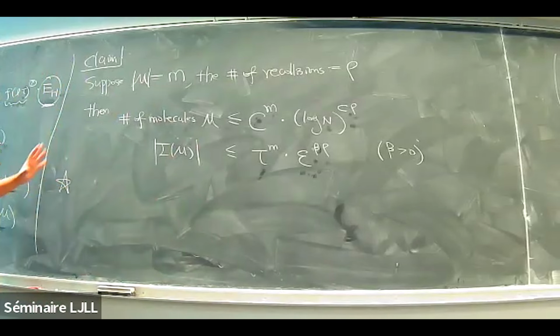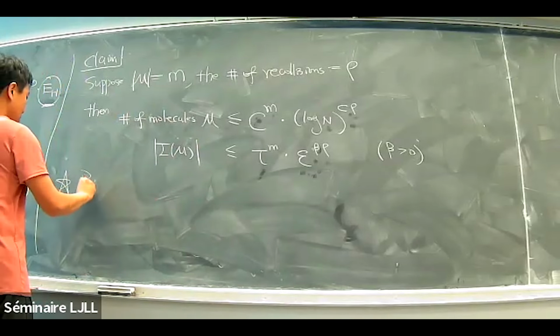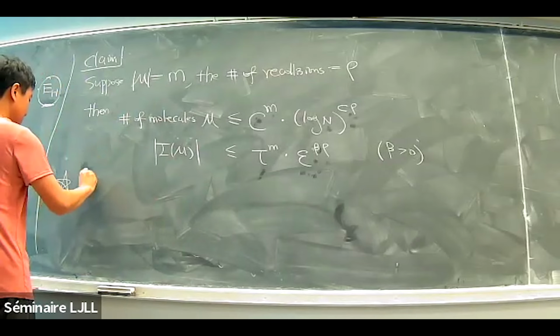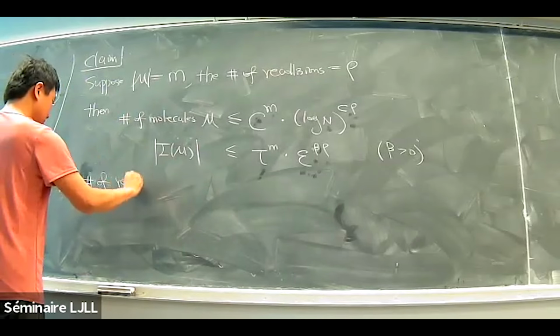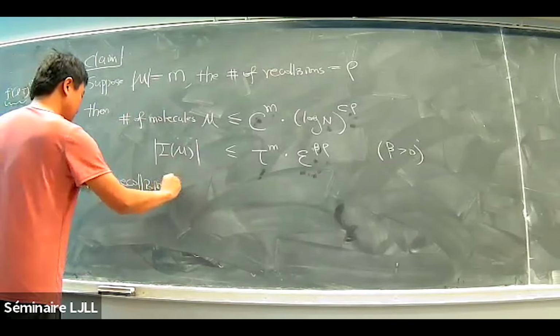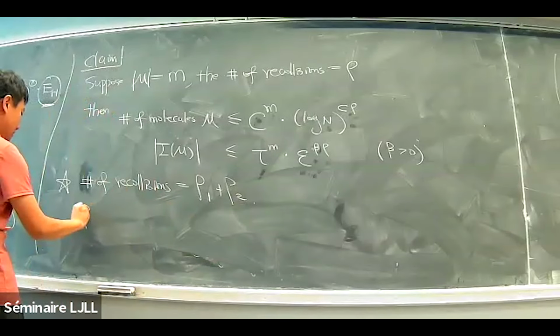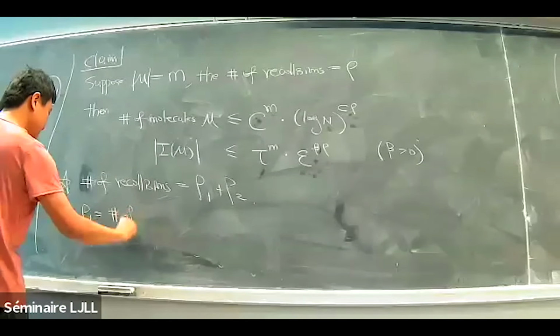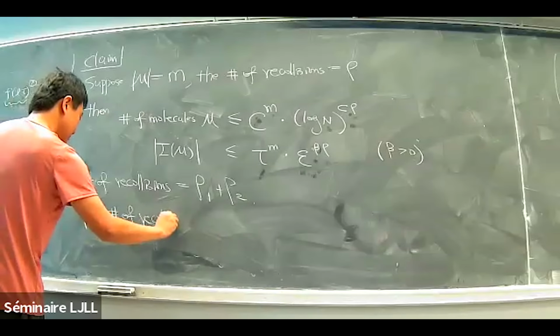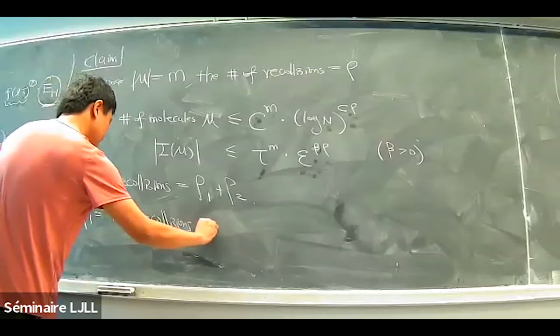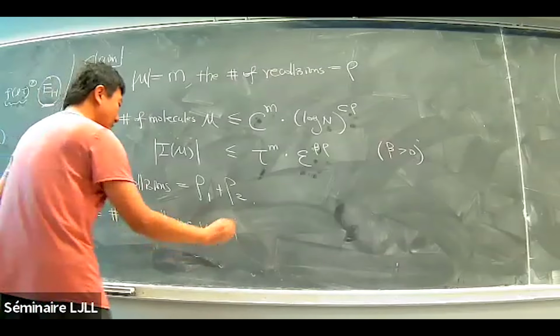Okay, so we'll talk about the recollisions. So there are two sources of recollisions. The number of recollisions is rho 1 plus rho 2. So rho 1 is the number of recollisions within a single layer.